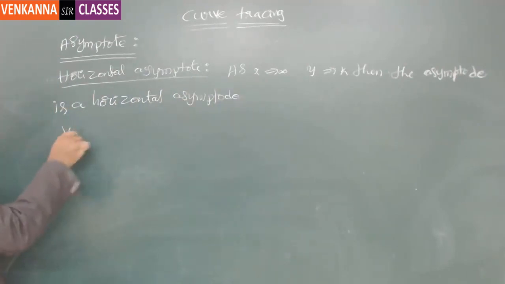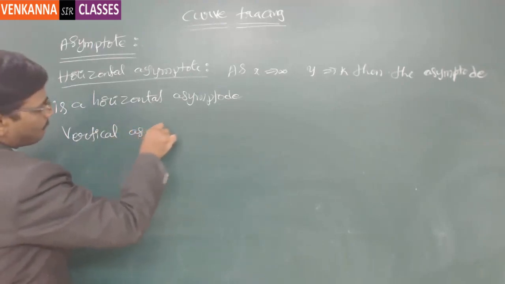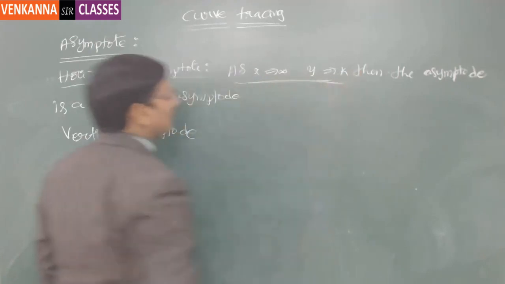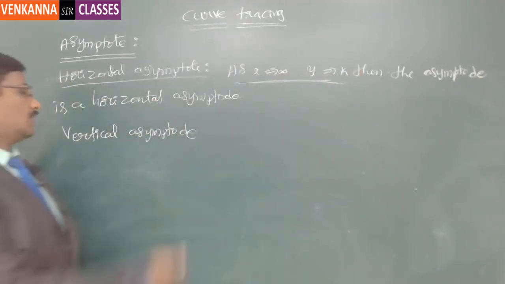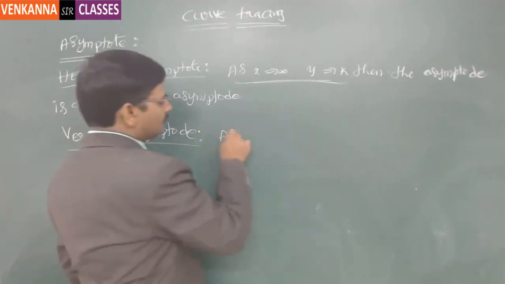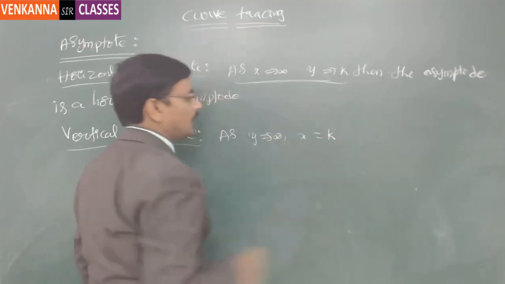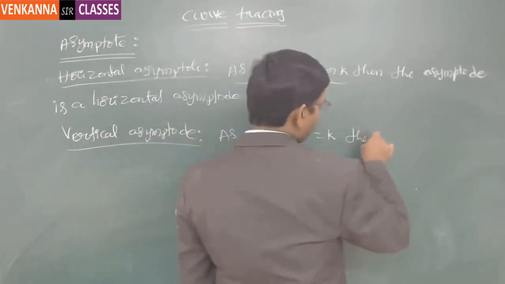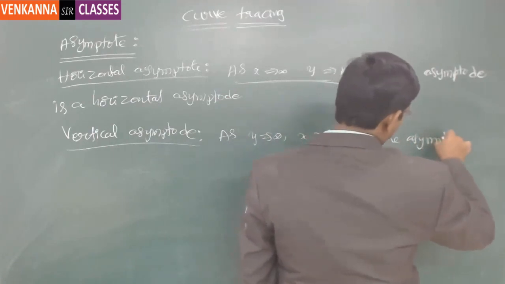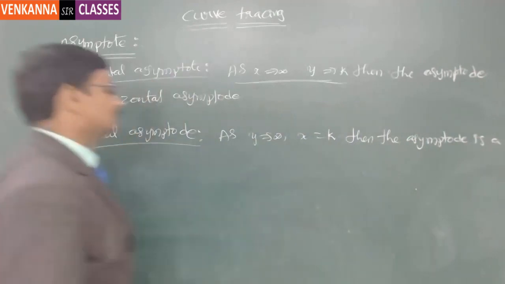This principle we will be using to find the asymptotes for most of the curves. And by vertical asymptote we mean: as y tends to infinity, x tends to some constant k, then the asymptote is a vertical asymptote.